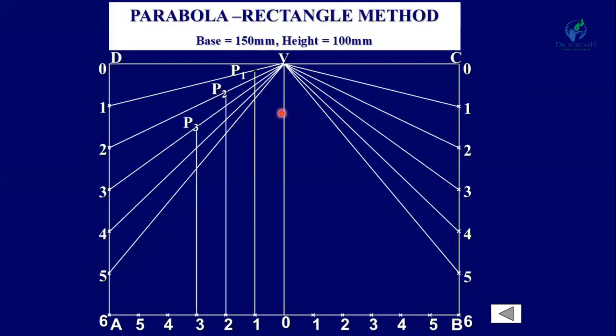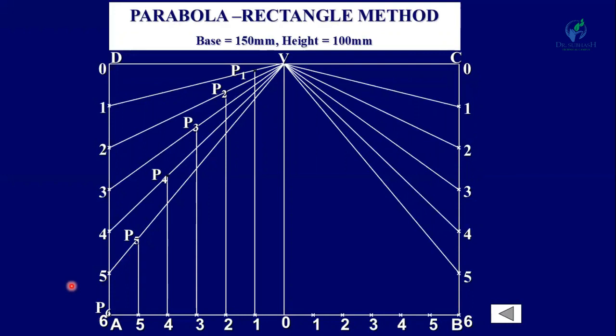Similarly, from point 3 get the point P3, draw the line from point 4 and get point P4, draw the line from point 5 and get the point P5, and finally P6 will be here.